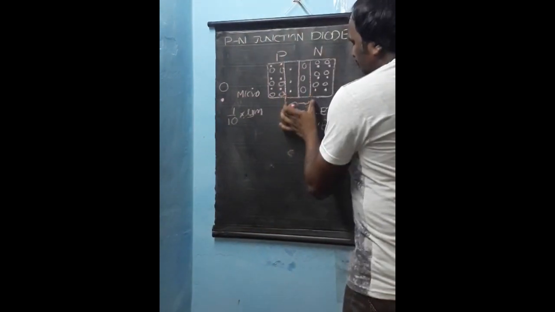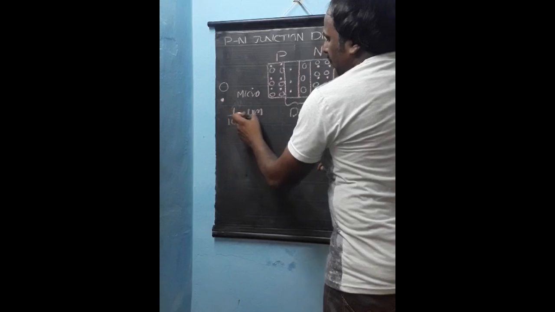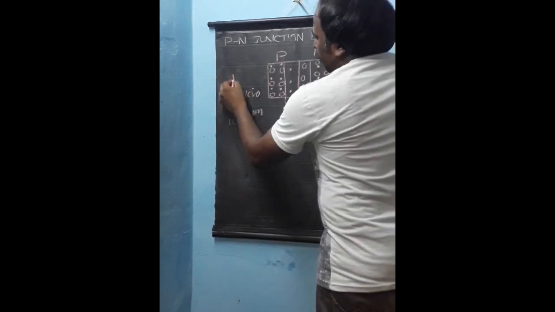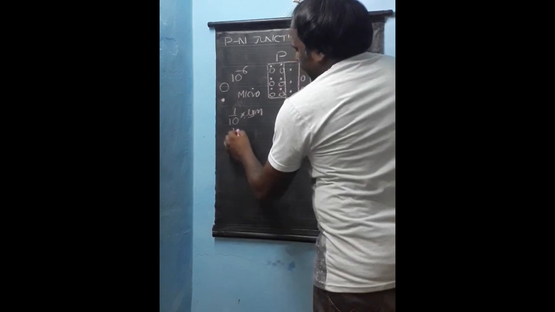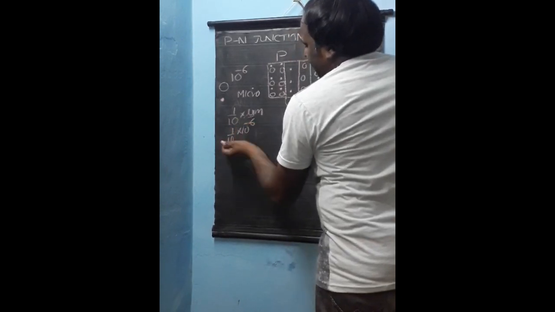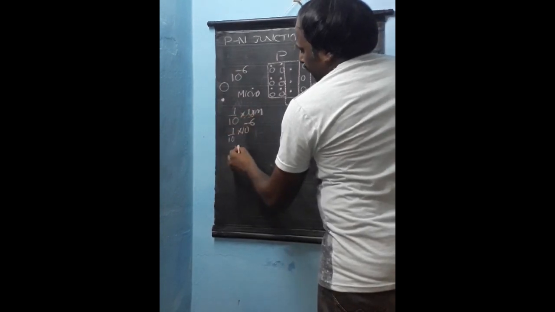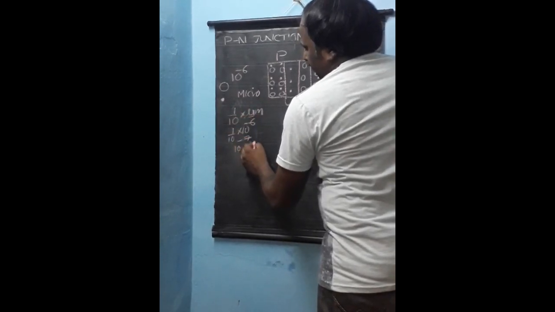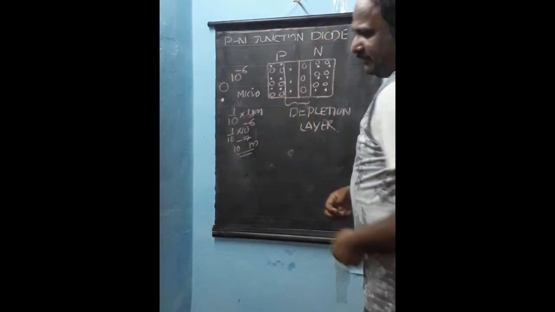So the width of this depletion layer will be 1/10th of a micrometer, that is 1/10 into 10 power minus 6, which gives 10 power minus 7 meters. This is the width of the depletion layer.